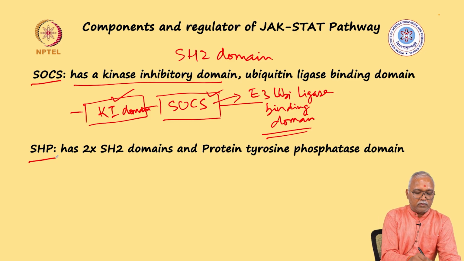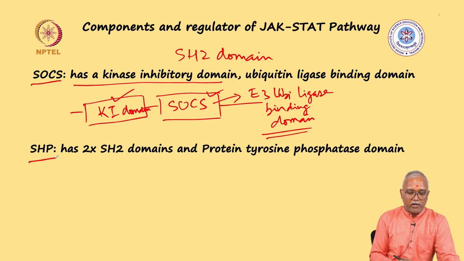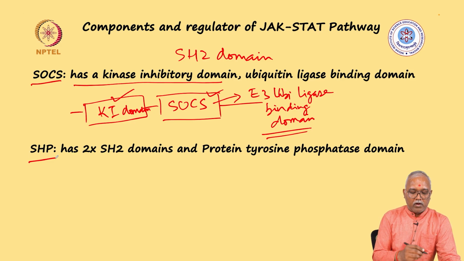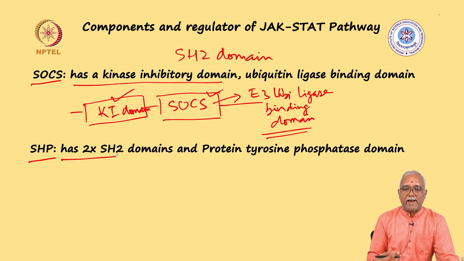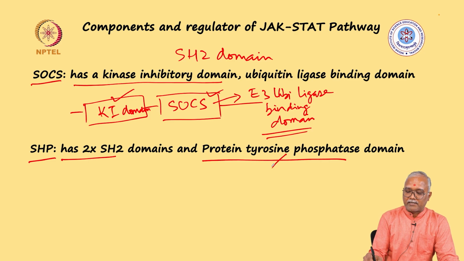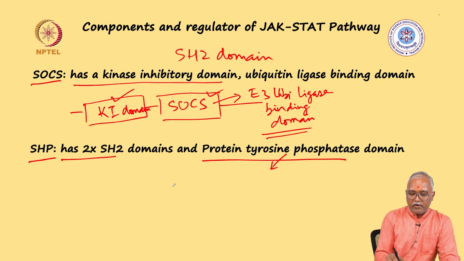Then there is another molecule, the fourth molecule in this pathway, which is called the SHP protein. It has two SH2 domains. Basically, it can engage more vigorously with the phosphotyrosine which is generated either on the JAK or on the receptor itself. And then it has a protein tyrosine phosphatase domain. Basically, it will recognize the activated receptor or activated kinase and perform the phosphatase activity. What this phosphatase activity does is that it will remove the phosphate group.